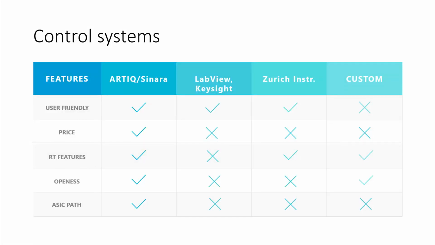It has a very good user interface, provided you don't want to do anything non-standard. If you want to do some simple fixes, you pay a lot for engineering time, which is good for some users and which is bad for some users. And there are also ARTIQ and SNAR, of course, which have all the advantages until you start using them, because the learning curve is quite steep. LabVIEW is really plug and play and works.